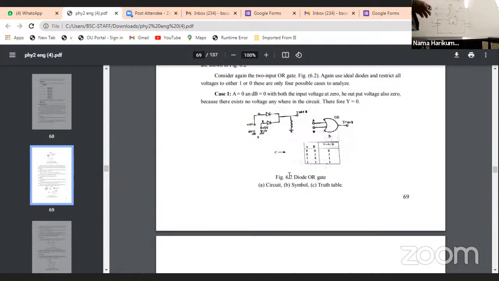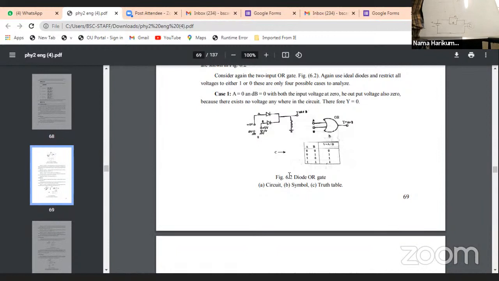The truth table depends on our physical circuit diagram. The inputs are A and B and the output is A plus B.